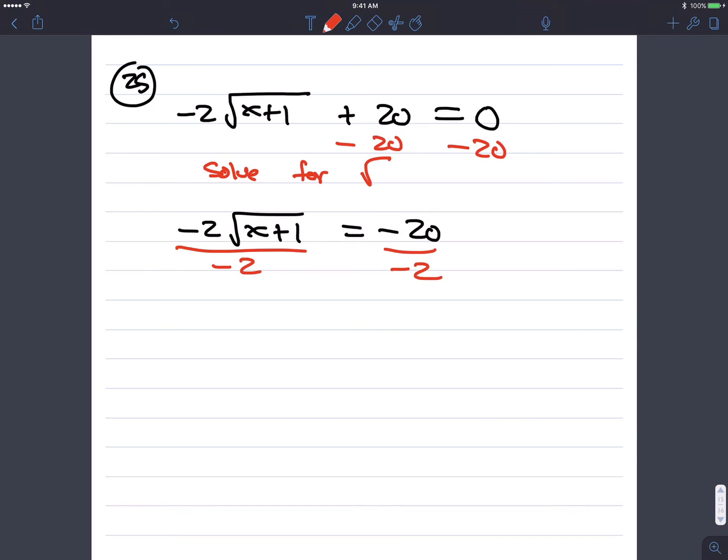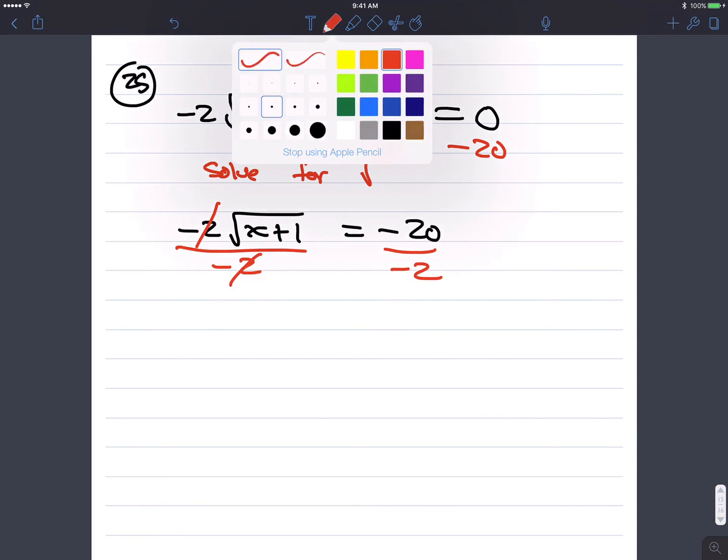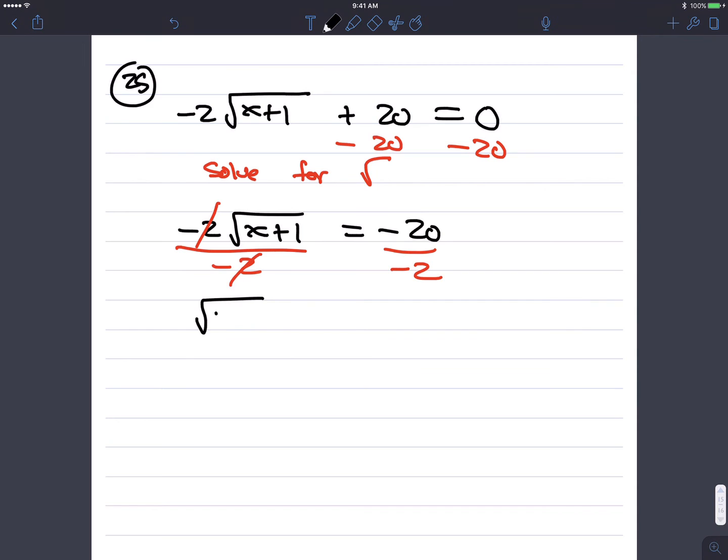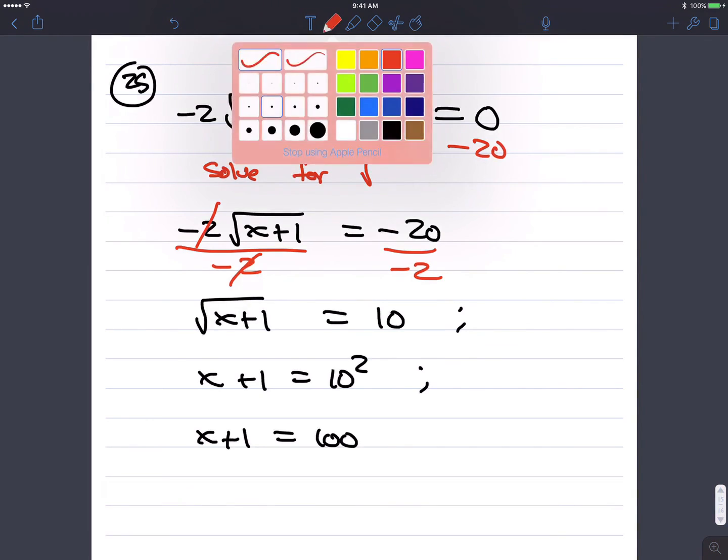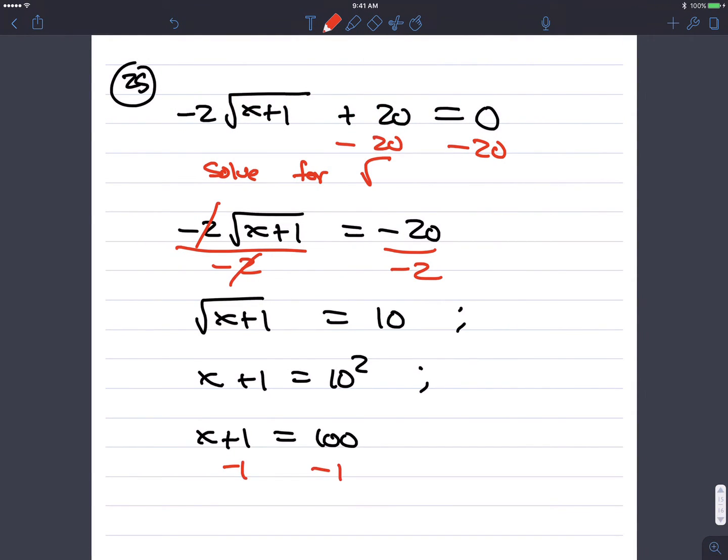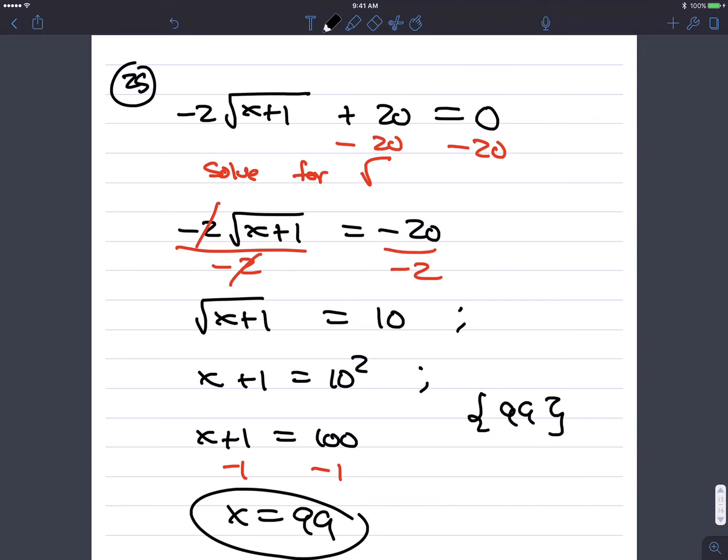Divide both sides by negative 2 here. Square root of x plus 1 is positive 10. X plus 1 becomes 10 squared. X plus 1 is 100. Subtract your 1 from both sides. X is 99. The solution set is 99.